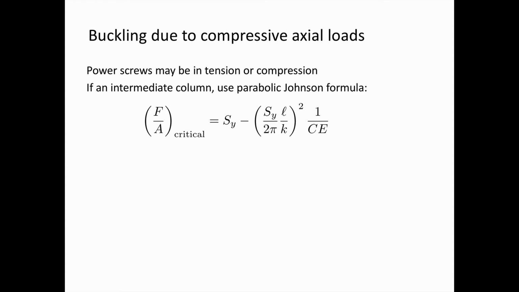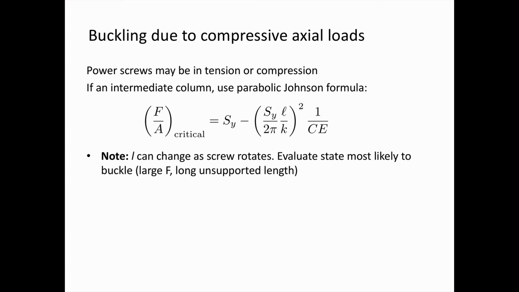And so if we use the parabolic Johnson formula, we can predict at what load an intermediate column is going to buckle. And of course, that depends on the yield stress, S sub y, the unsupported length of the column. And then the term on the right, we have 1 over CE, where C is the coefficient for the boundary conditions and E is the modulus of elasticity.